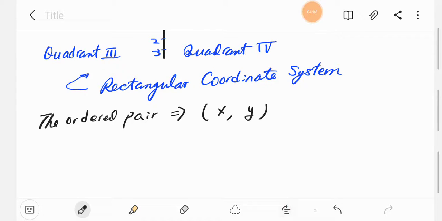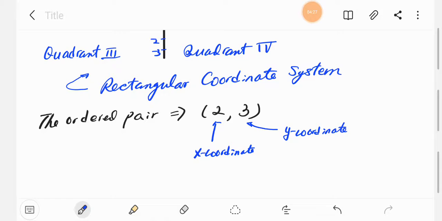Let me write it here. Something like (2, 3). So 2 is the x coordinate. And 3, the second number, is called the y coordinate.